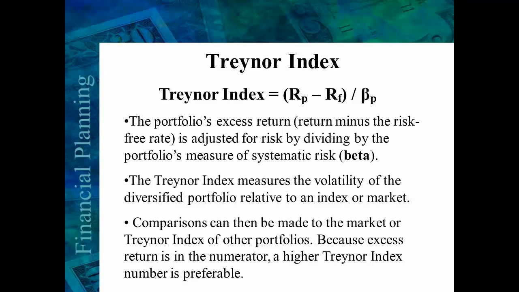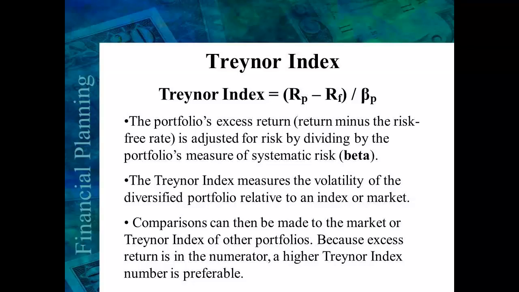The formula for the Treynor Index is the return of the portfolio minus the risk-free rate, divided by the beta of the portfolio. With the Treynor Index, the portfolio's excess return, the return minus the risk-free rate, is adjusted for risk by dividing by the portfolio's measure of systematic risk, i.e. beta.